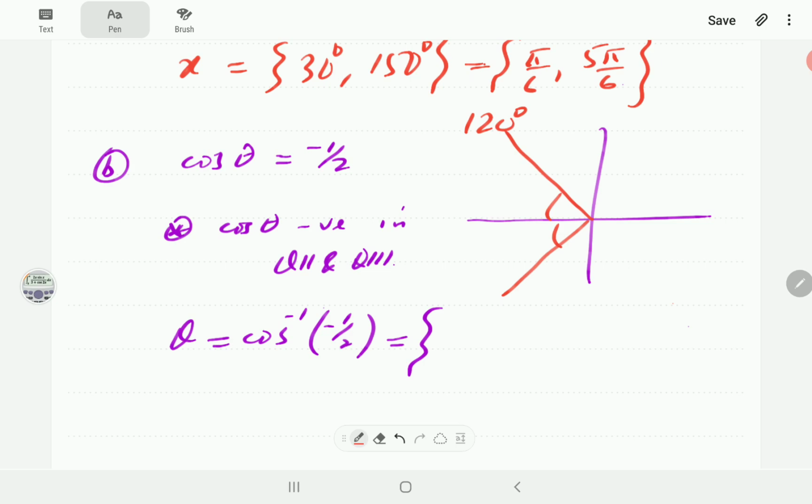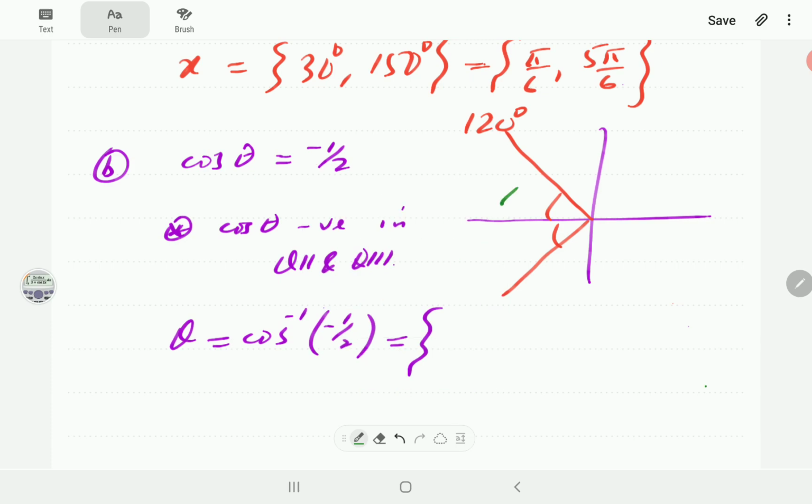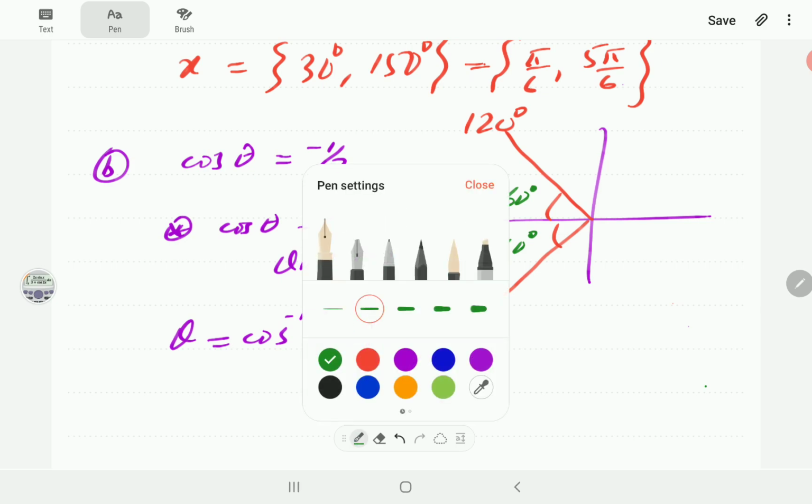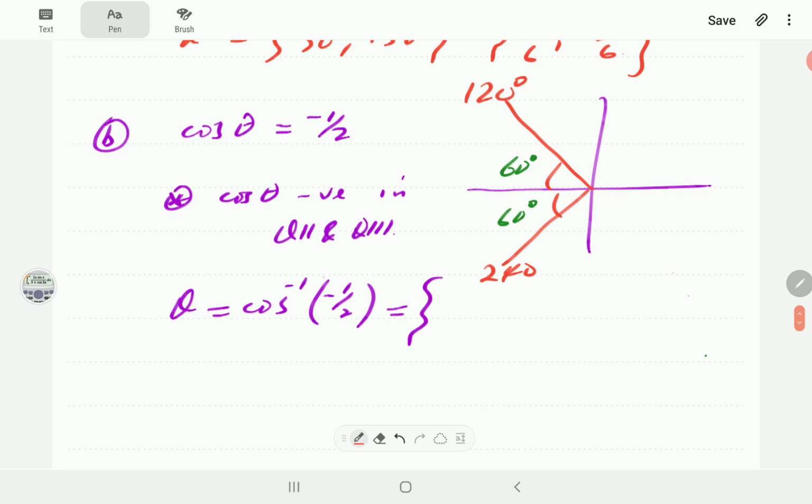If that is 120, then this reference is 180 minus 120. So that means that reference there is actually 60 degrees. Got 60 here, so we also must have 60 there. That makes this one 180 plus 60, which is 240.